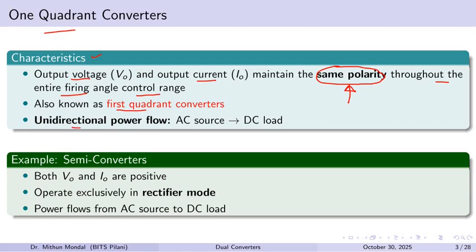These generally have unidirectional power flow from the AC source to the DC load. The famous example is the semi-converters, where both the voltage and the current at the output are positive. It operates exclusively in the rectification mode and the power flows from the AC source to the DC load.